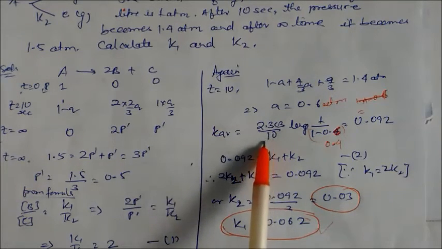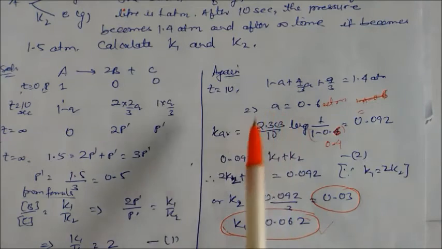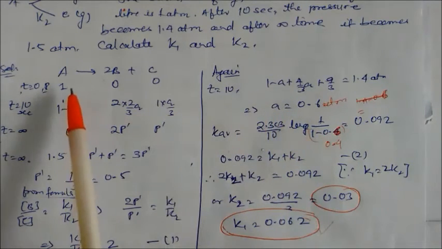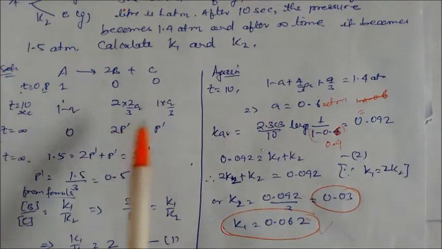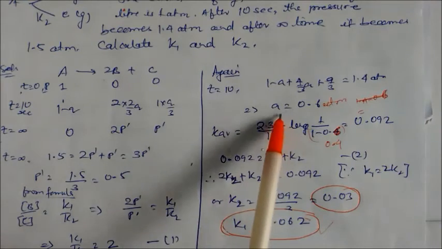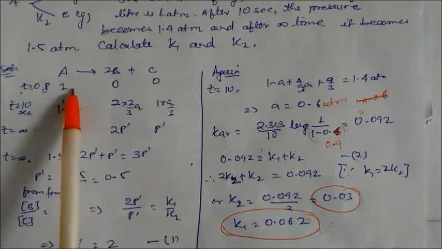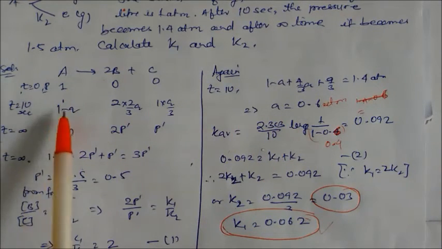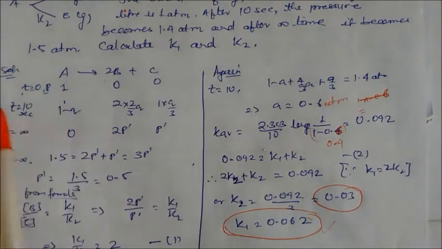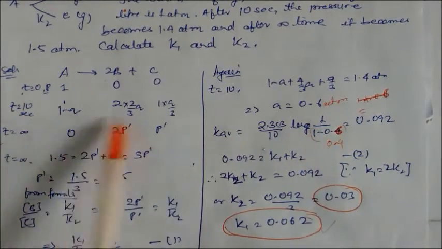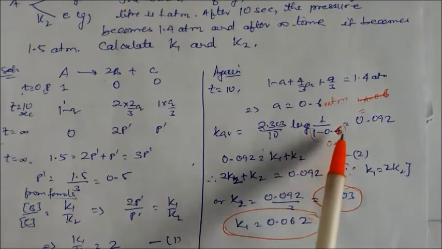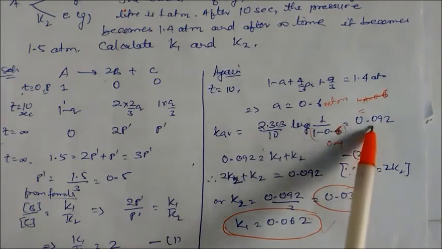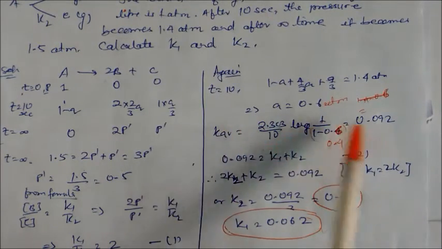So time is given, and this is the A value. A minus X: A initially is 1, so subtracting this value, 1 minus 0.6 gives you 0.4, the pressure of gas A at 10 seconds. If you solve it, you will get 0.092. So K average is nothing but 0.092.